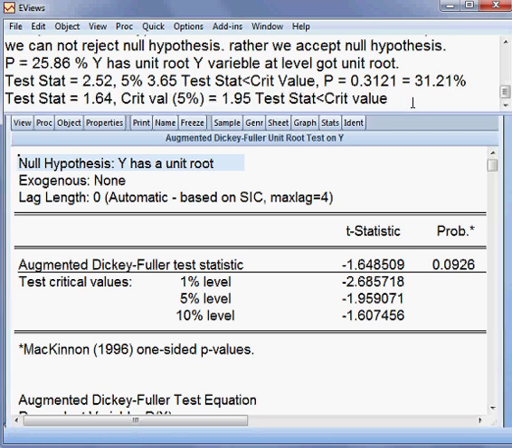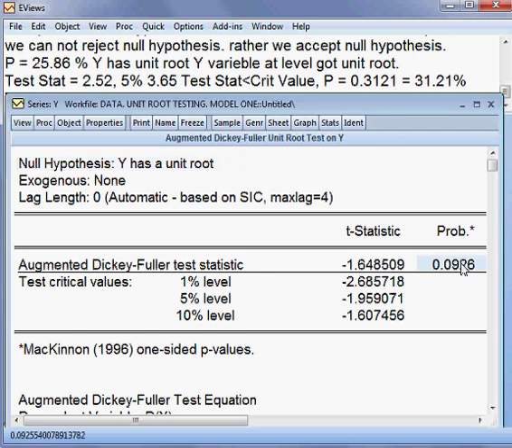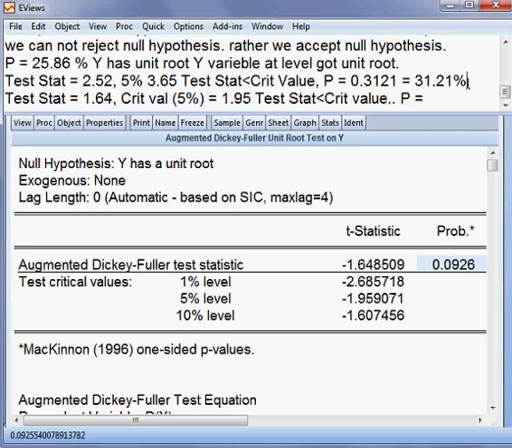And here, what is our probability value? P value, you can check from here. P value is 9.26%, meaning that more than 5%.